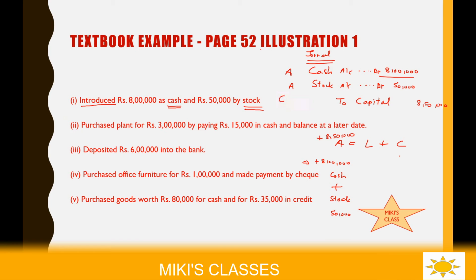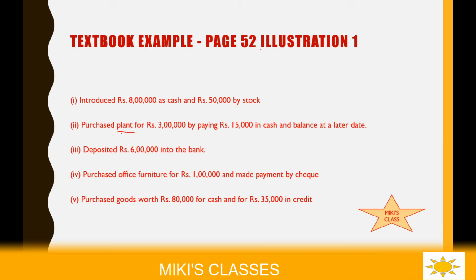And the capital also goes up by 8,50,000. So we see that both sides of the equation balance out, right? Assets have gone up by 8,50,000 because 8 lakhs of cash has come in the business, plus stock, 50,000 has come. And the capital also, 8,50,000 has gone up. So the left hand side of the equation is equal to the right hand side. Okay. Now let's move on.